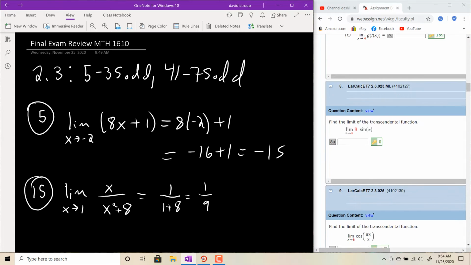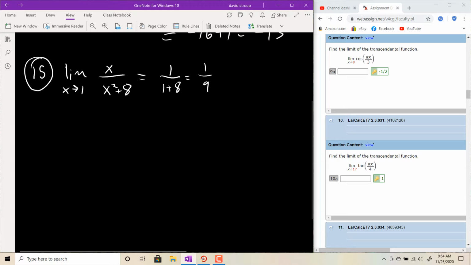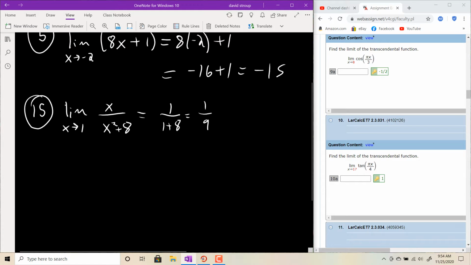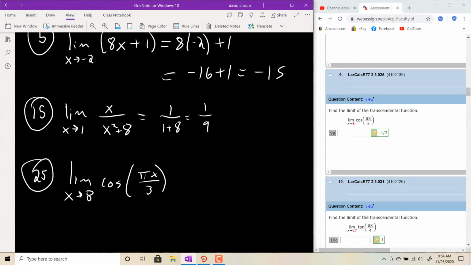Let's see what else. Some trig limits, you know. So let's try number 25. Limit as x goes to 8 of the cosine of pi x over 3. These cosine functions are continuous everywhere, so you can do a substitution. This will just be 8 pi over 3.